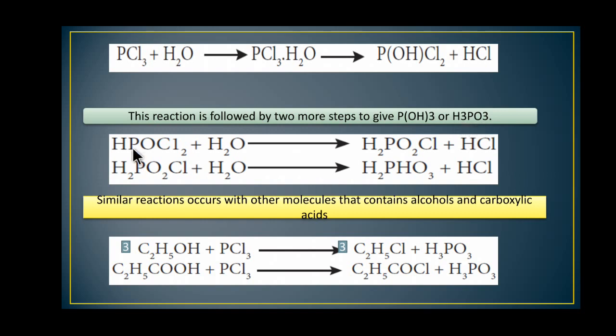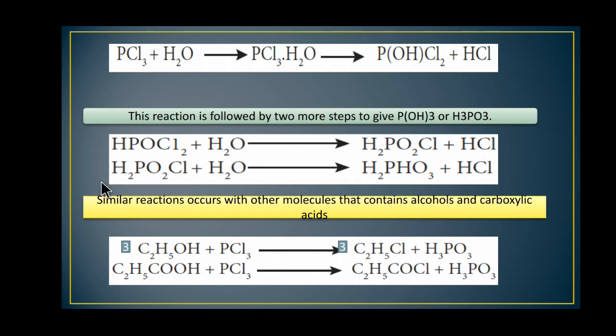Is it clear? So this intermediate is an unstable compound. The intermediate reacts with water to give another intermediate, H2PO2Cl, and excess HCl.